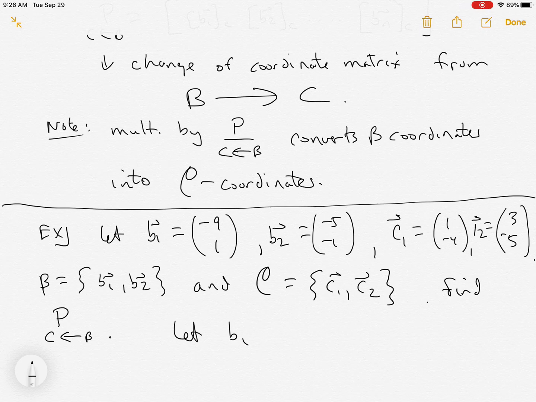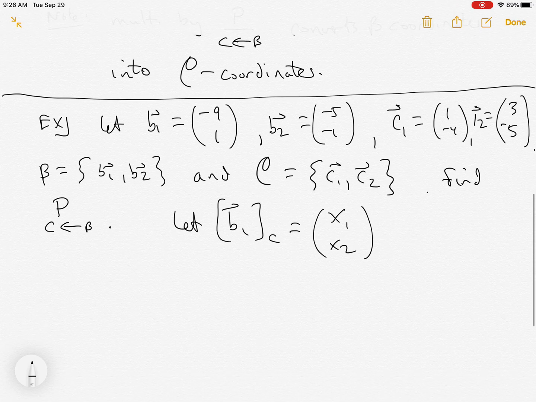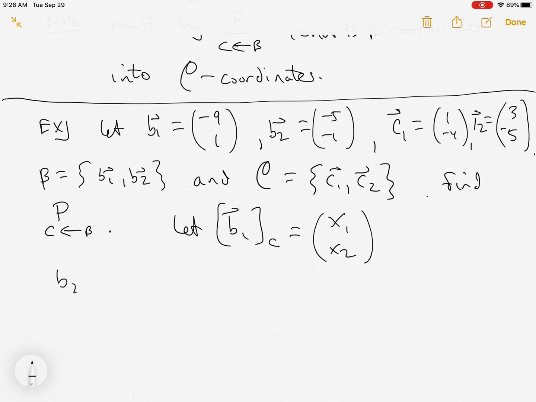Let B1 in the C coordinates equal x1, x2, and B2 in the C coordinates be y1, y2.